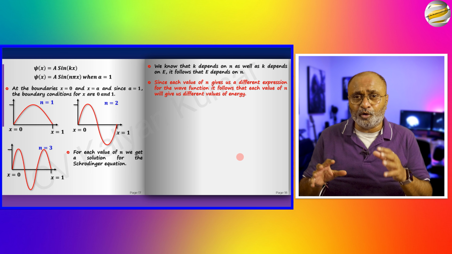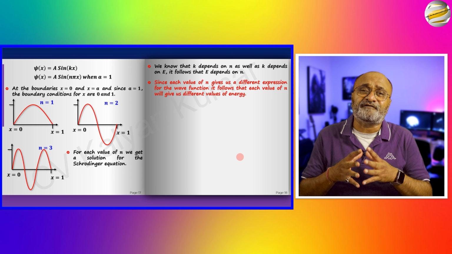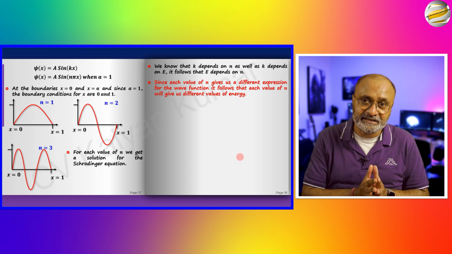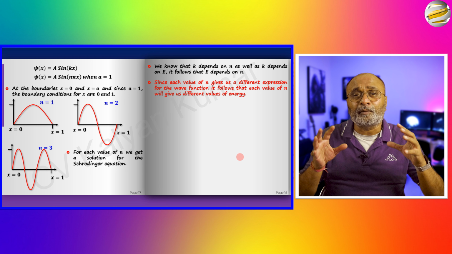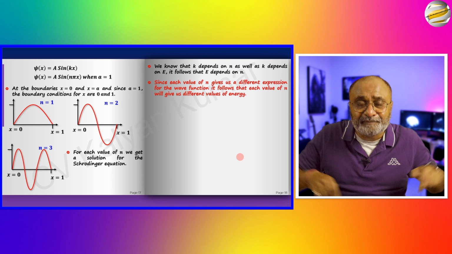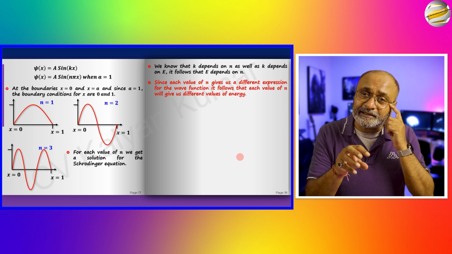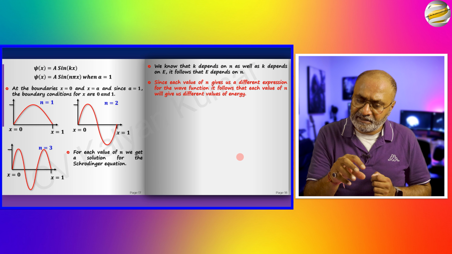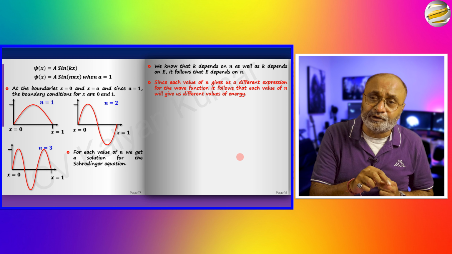Now since we know that the square of the wave function is the probability of finding the particle in a given space, we put a second condition, which is that the probability of finding the particle in the entire space should be 1. See, at a given space inside the particle, it could be 0.25 probability. Somewhere it could be 0.1, somewhere it could be 0.05, somewhere it could be 0.2.